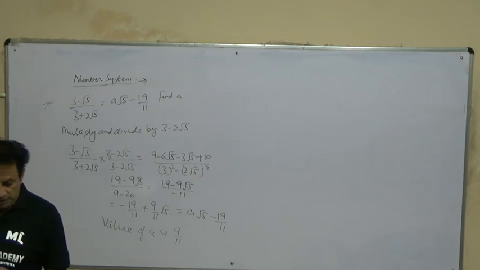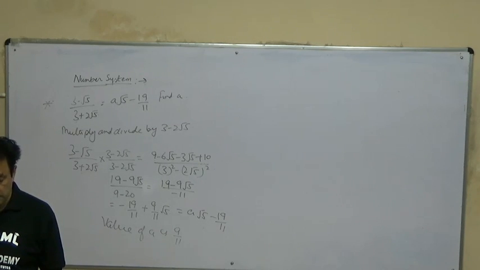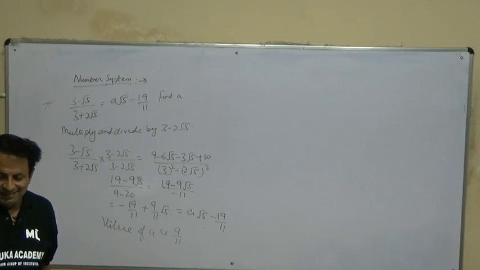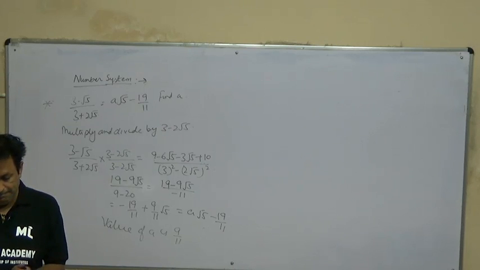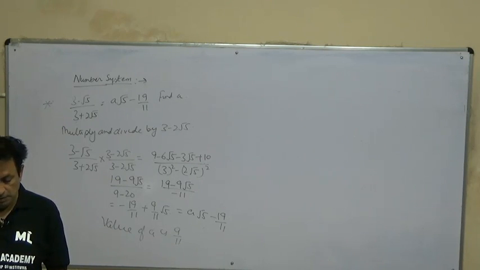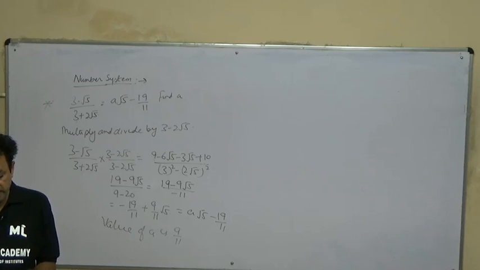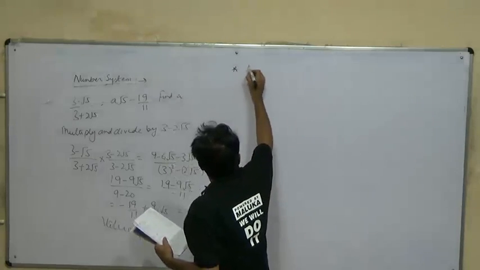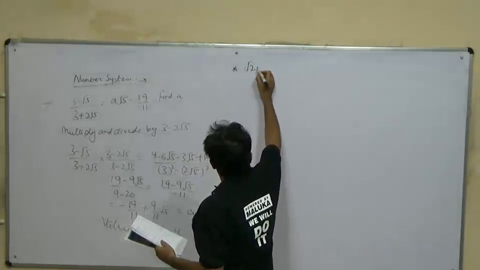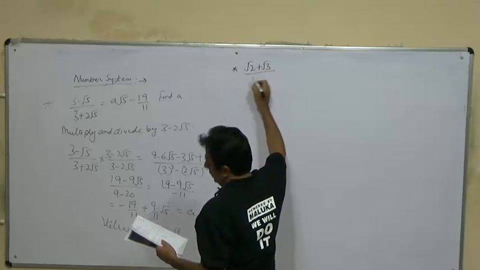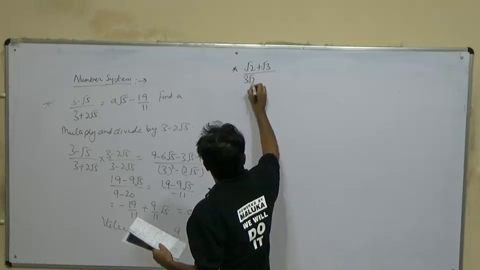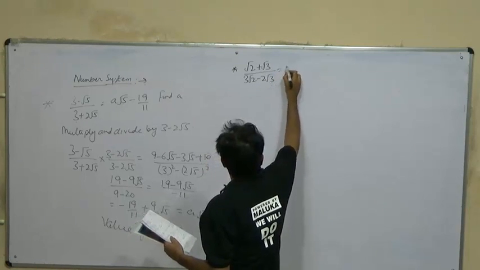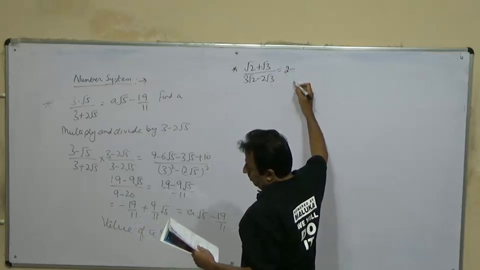So next question. (2 + √3)... (√2 + √3)/(3√2 − 2√3) is equal to 2 minus b√6.